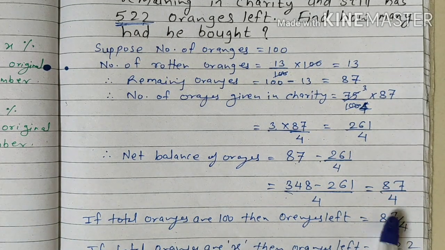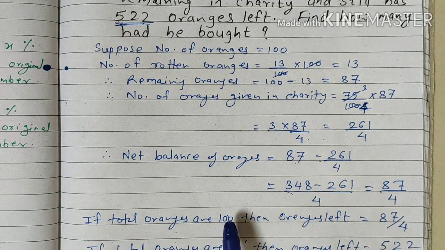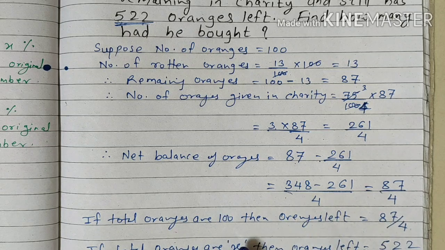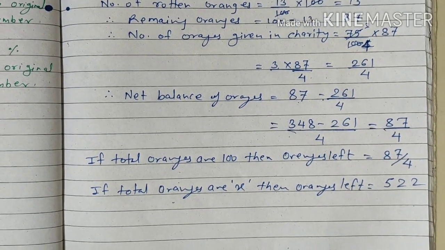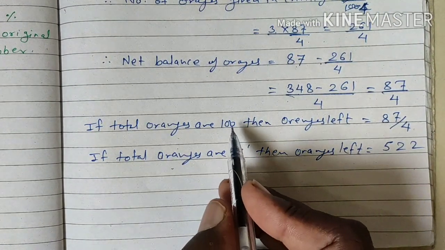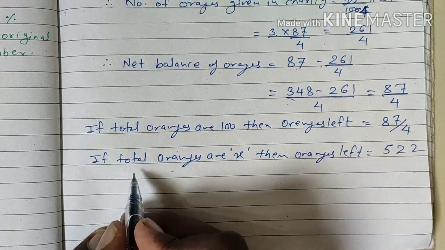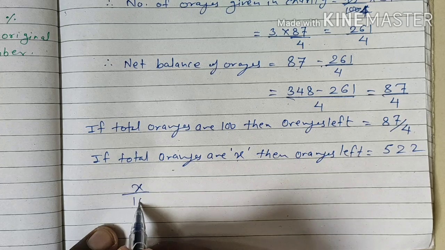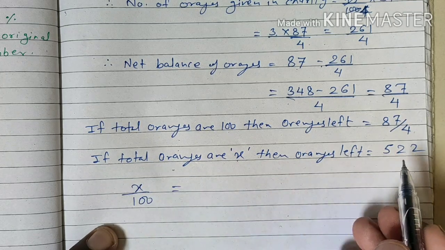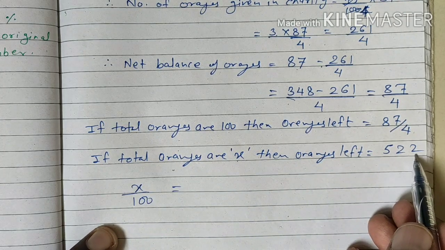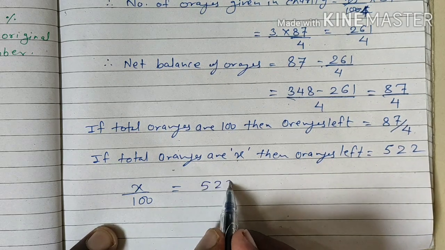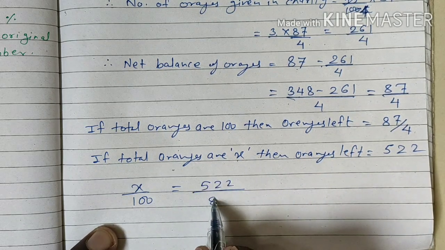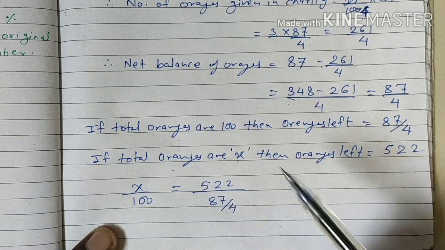Now to solve this question, we will take a ratio of the assumption and the ratio of the original. Ratio of the assumption to the ratio of the original. It is also called the unitary method. Okay. So we can write it in this way: X upon 100 equals to 522 upon 87 by 4. Understood what we have done?